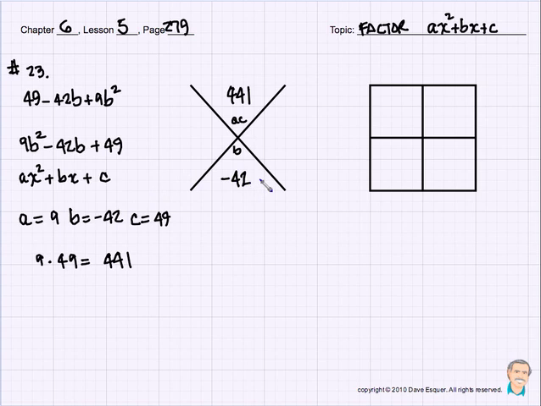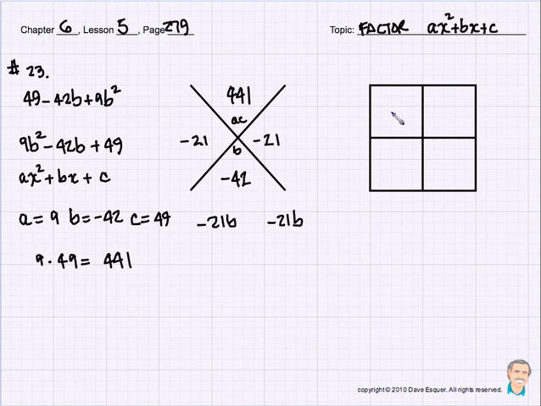So let's think about this, and just because I've done this for a while, the two terms turn out to be minus 21 and minus 21. And let's check. Negative 21 plus a negative 21 gives me that negative 42, and lo and behold, 21 times 21, both negative, will turn out to be a positive 441. So we end up with our two terms, minus 21b and another minus 21b.